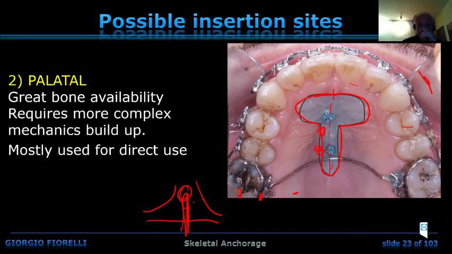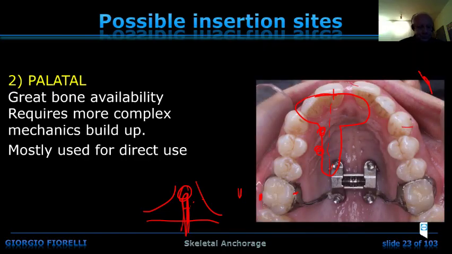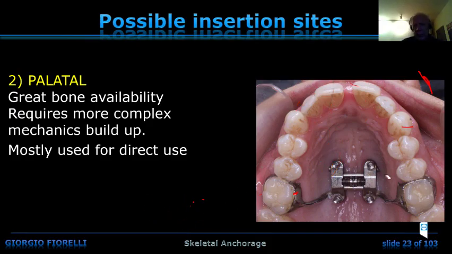I'm not sure. I've been placing TADs mostly in the middle with very few problems, but my numbers are not so high. As I said, my routine placement of the TADs is between the roots. And we'll see some cases where I've used TADs in the palate. It was always a second choice after some failure from the intraradicular.